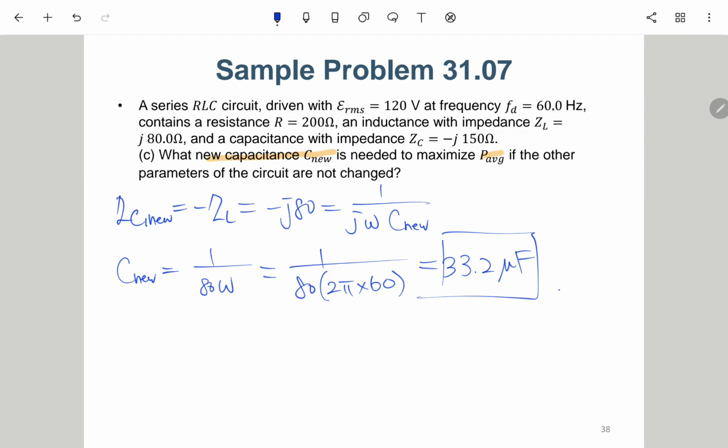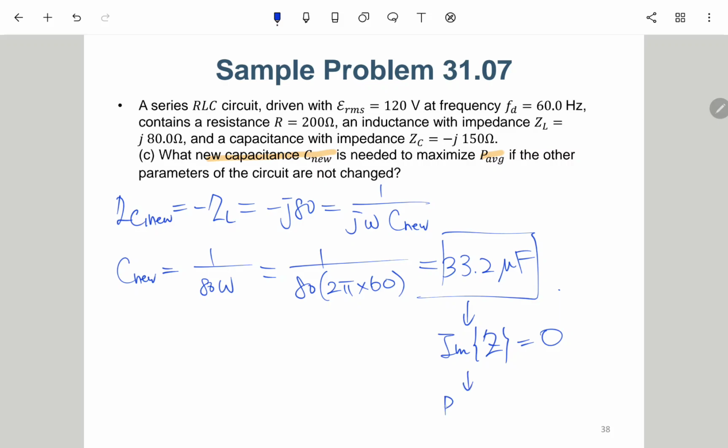So this is the new capacitor, such that it can make the series impedance a purely real value, or make the imaginary part of Z 0. 就是纯的实数.